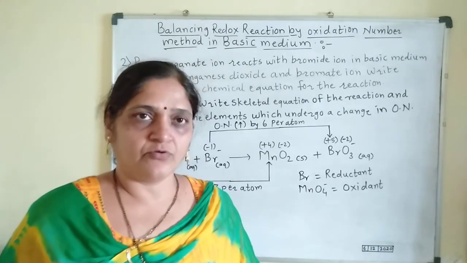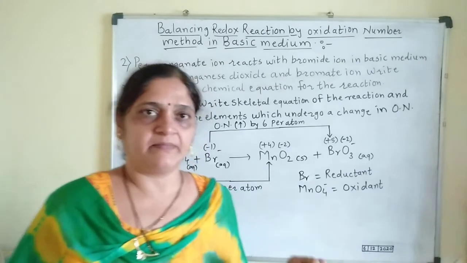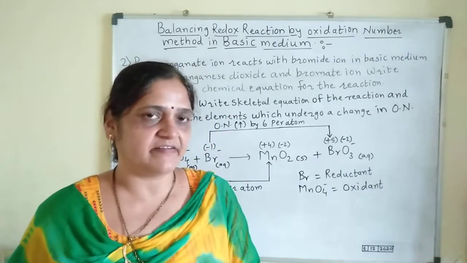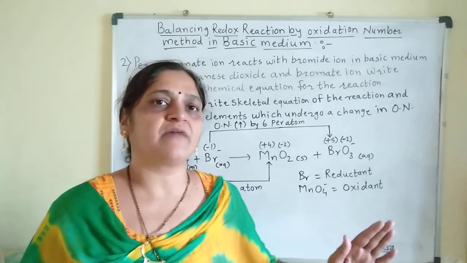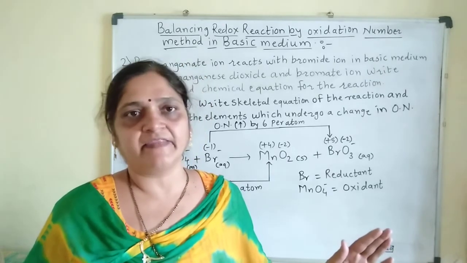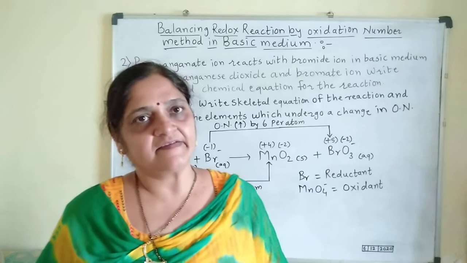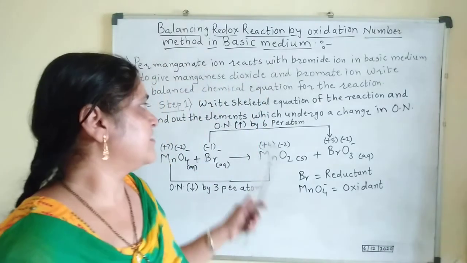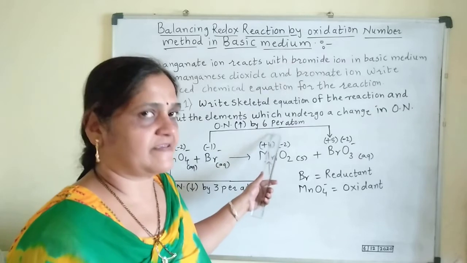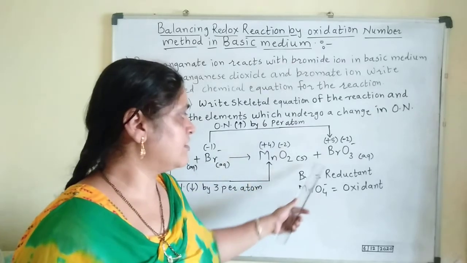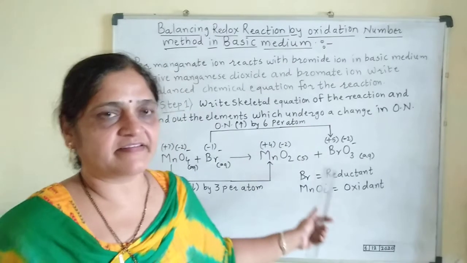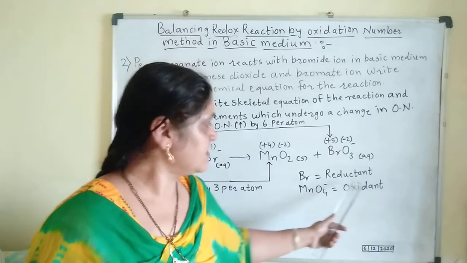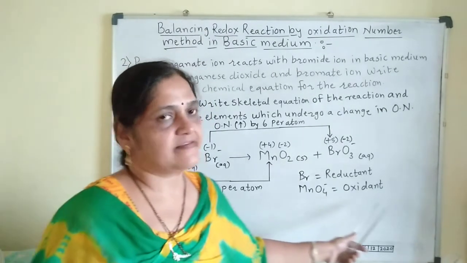So already you know the number line, 0 is in the middle and positive integers on the right hand side, negative integers on the left hand side. So from minus 1 to 5, how many numbers are there? So you will get an easy idea that there is an increase in oxidation number per Br atom by 6. This way we have got that there is a change in oxidation number of Mn and Br. So Br is acting as reductant and MnO4 minus is acting as oxidant.